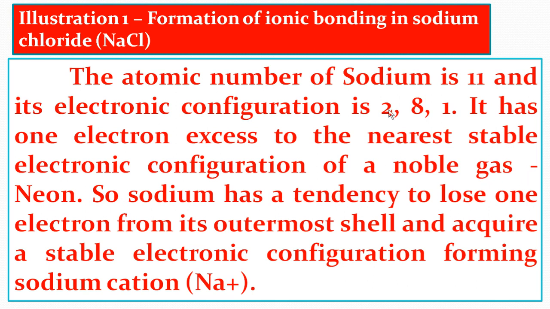So, sodium has a tendency to lose this one electron from its outermost shell and acquire a stable electronic configuration, forming a sodium cation. Sodium atom loses one electron in the outermost shell and becomes the sodium cation Na plus.